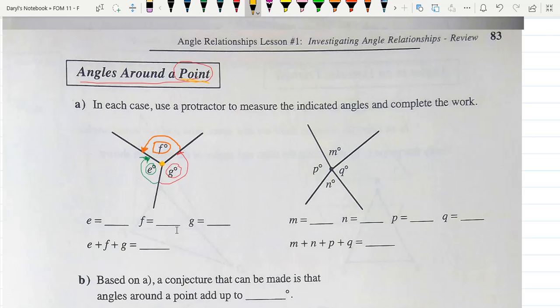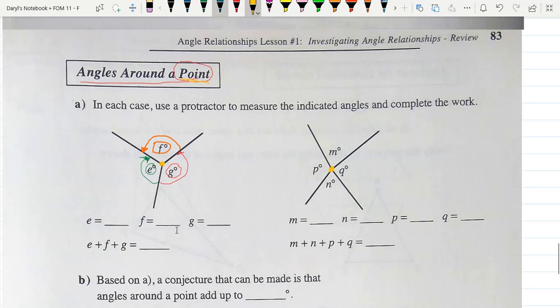However, it's unlike before, where you created two straight lines intersecting one another. Here, they have a common point, a common vertex. Obviously this is not a straight line, as well as this one here. However, all of them have a common vertex for all of the angles.